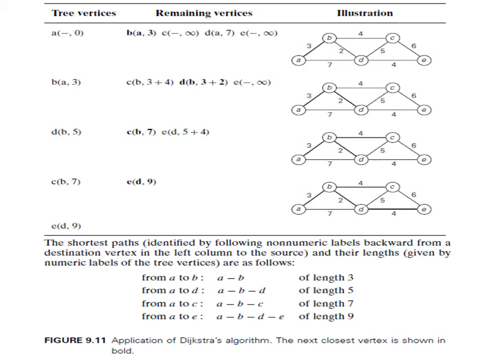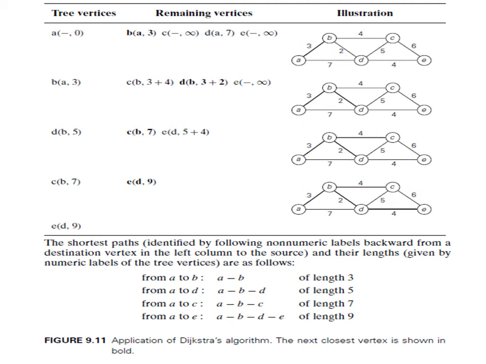If we consider D to C, A to D is 5, 5 plus 5, 10, but previous value was 7, so write it as it is. Then D to E, via D we have the distance as 4, so A to D is 5, 5 plus 4, which is equal to 9, that will be added here. Initially it was infinity, now it has been changed via D.